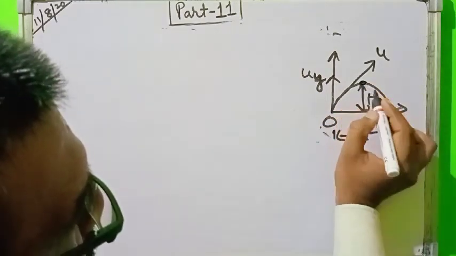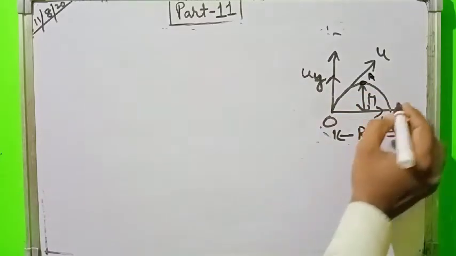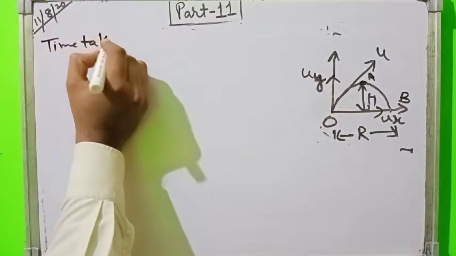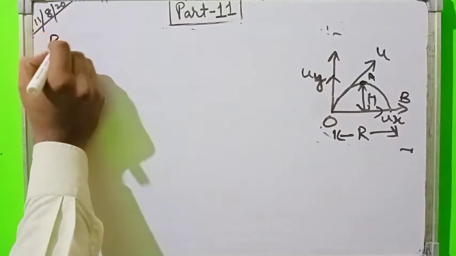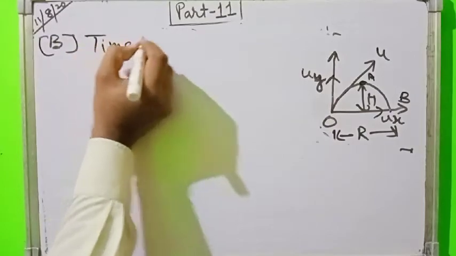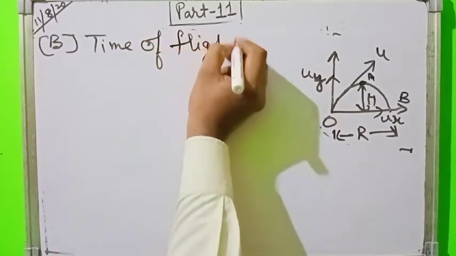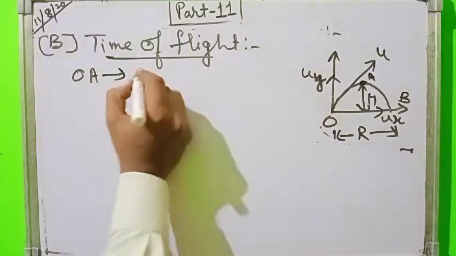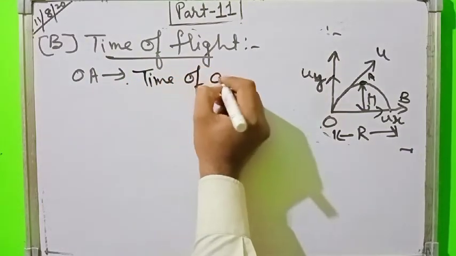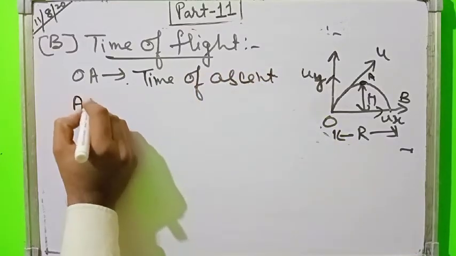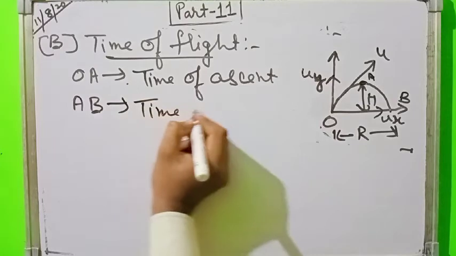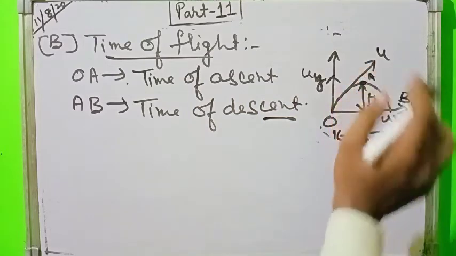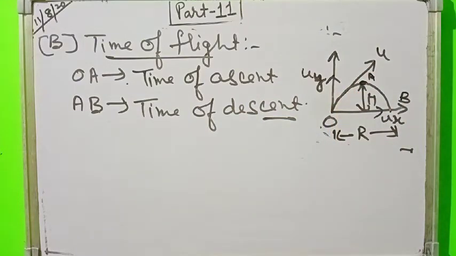Suppose this is O, this is A and this is B. The time taken to cover the distance OA is called time of ascent, and the time taken to cover the distance AB is called time of descent.